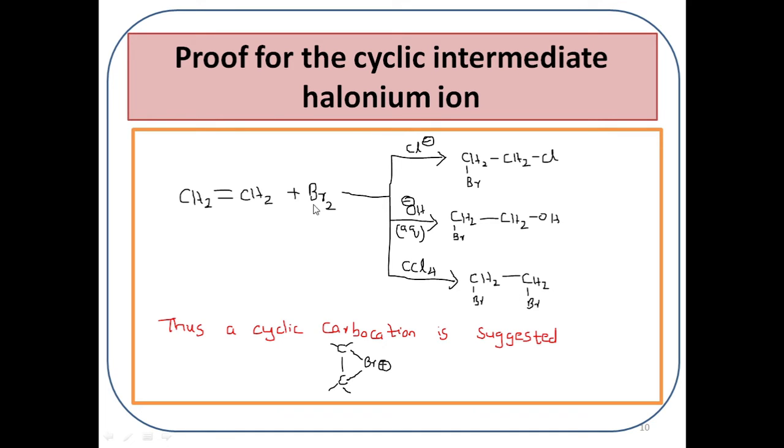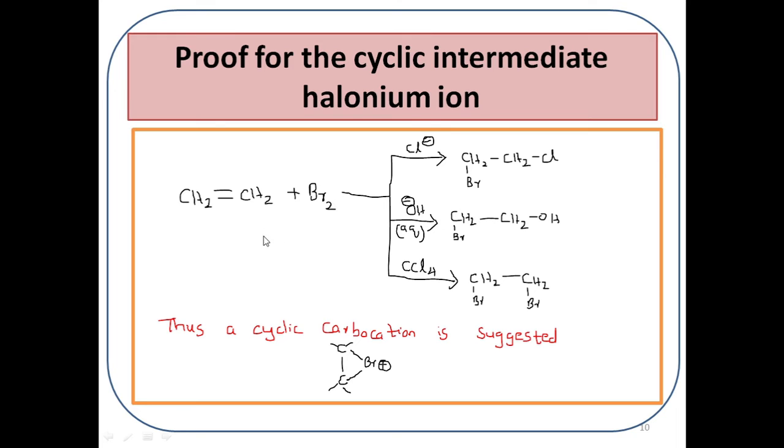But if we carry out the reaction in a medium containing halide ions, for example sodium chloride or potassium chloride, then this Cl minus will also act as a nucleophile in the second step of the mechanism, and we will get the bromochloro derivative. In the same fashion, if we carry out the reaction in aqueous medium, then OH minus will be attacking as a nucleophile.